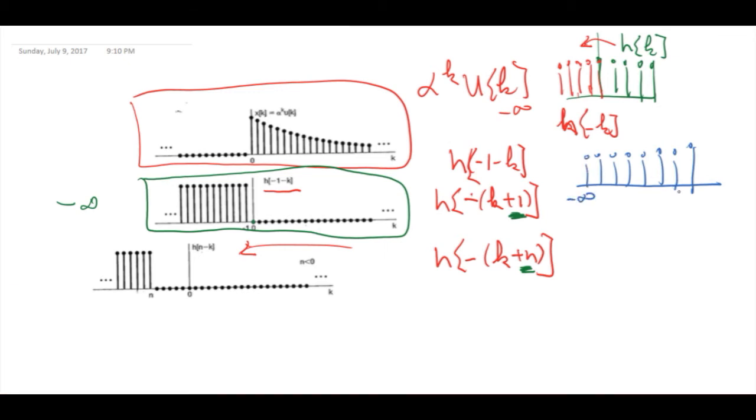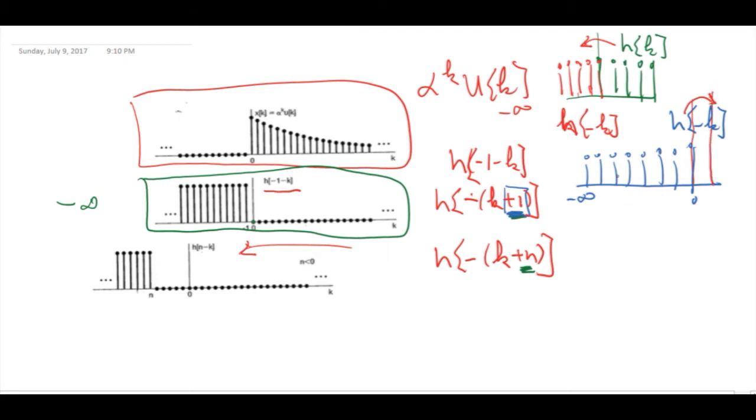from minus infinity all the way to 0. So this one is h minus k. Now, when we are going to shift it by plus 1, what we actually mean is we are going to move the y-axis to the right hand side here by 1.